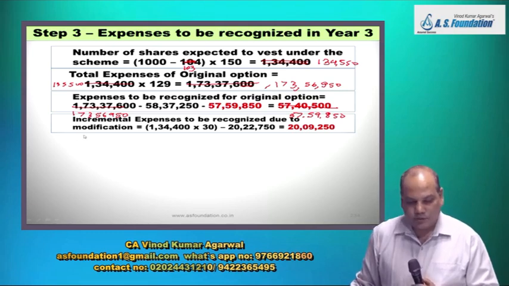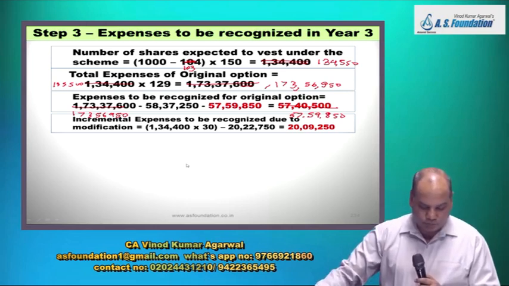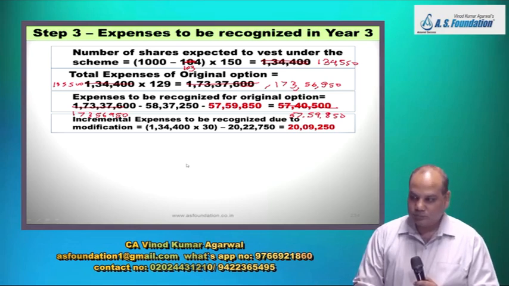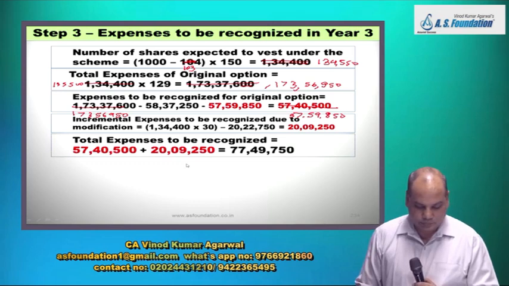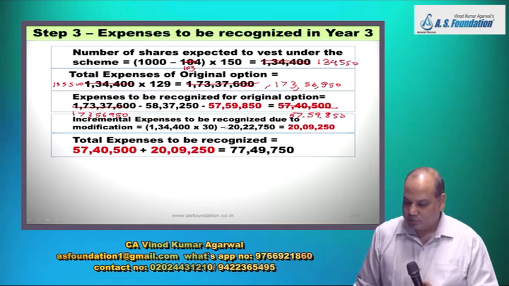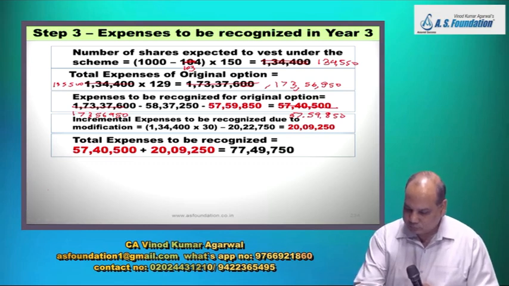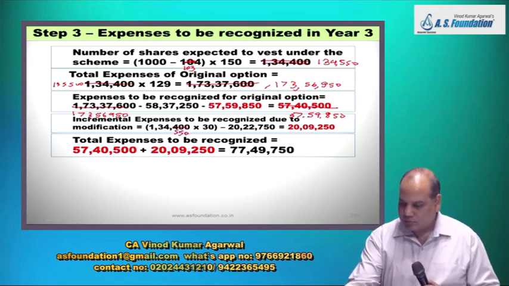And then write point D, incremental expense to be recognized due to modification: 134,550 into 30 minus previous year 20,22,750.